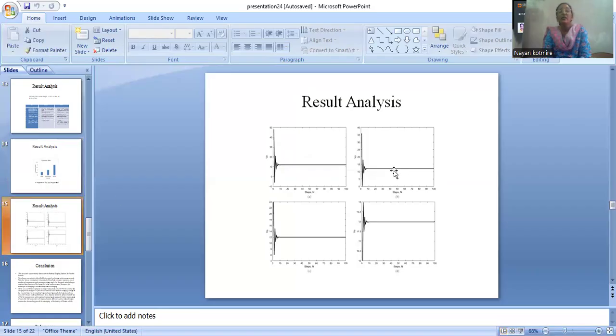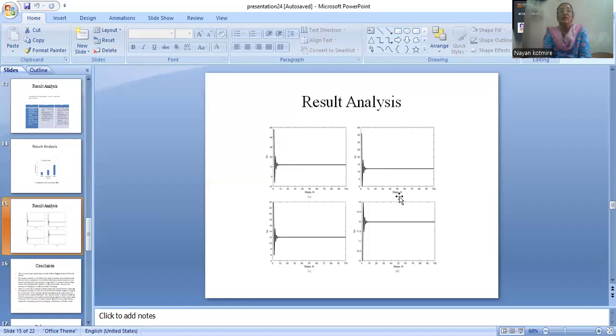This is the result analysis for the PID controller used for the proposed charging system in terms of duty cycle. This is the output in terms of duty cycle. For the duty cycle of 0.20, 0.33, 0.36, and 0.54, the output voltage varies. For the duty cycle 0.20, it gives 20 volt.